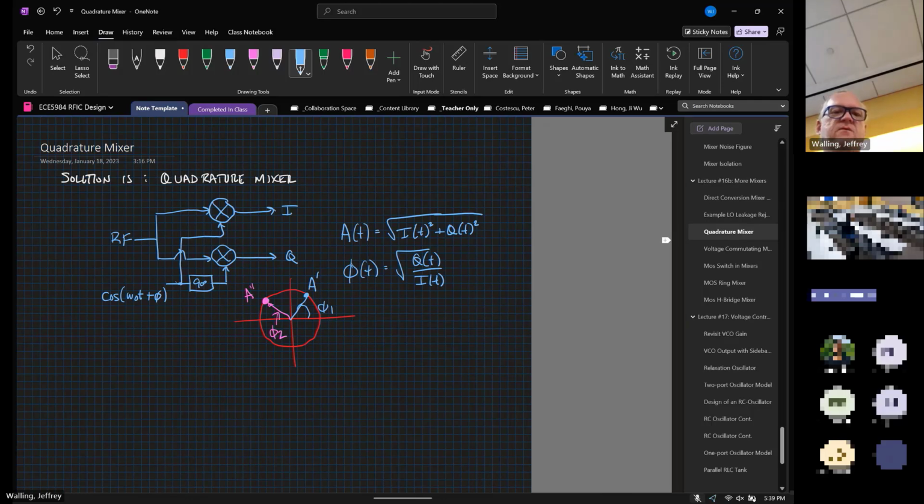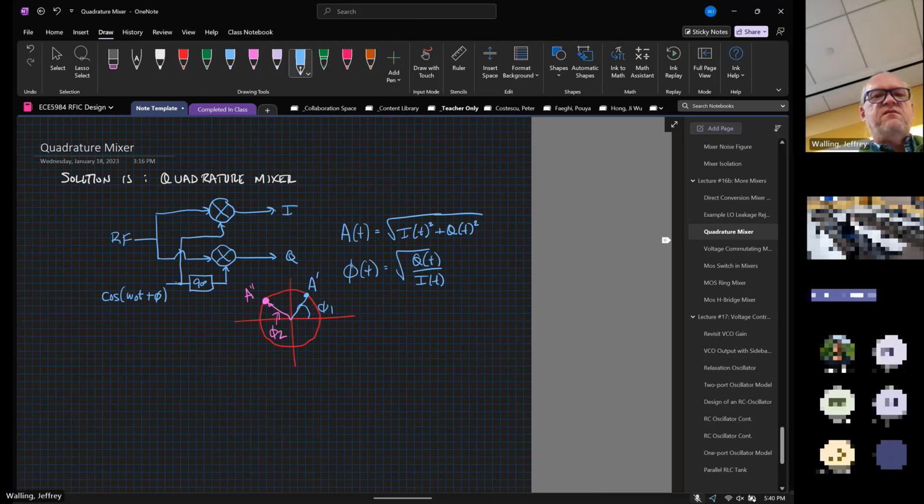So now, if we use a quadrature mixer, each of these individual mixers is going to be sensitive to the relative phase of the incoming signal, but because both of them are ideally subject to the same relative phase of that LO, I'm going to be transferring more energy into one mixer versus the other mixer, and I'll always get a constant amplitude signal out because that offset phase is going to be acting in one direction on one of the mixers and the other direction on the other mixer. So this is the common way that we fix this, the quadrature mixer.